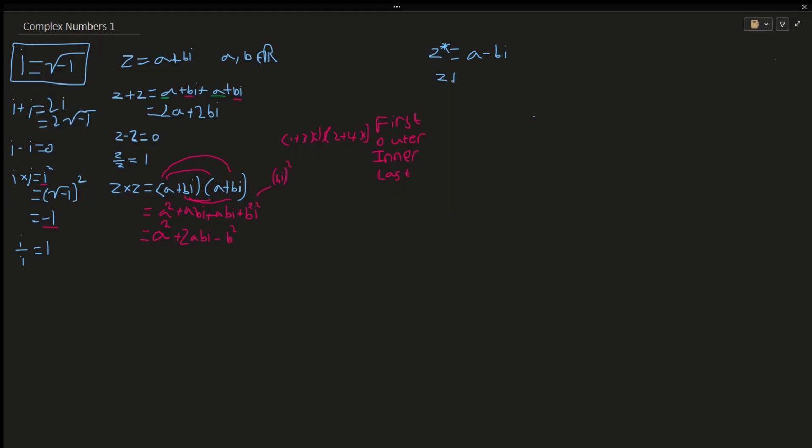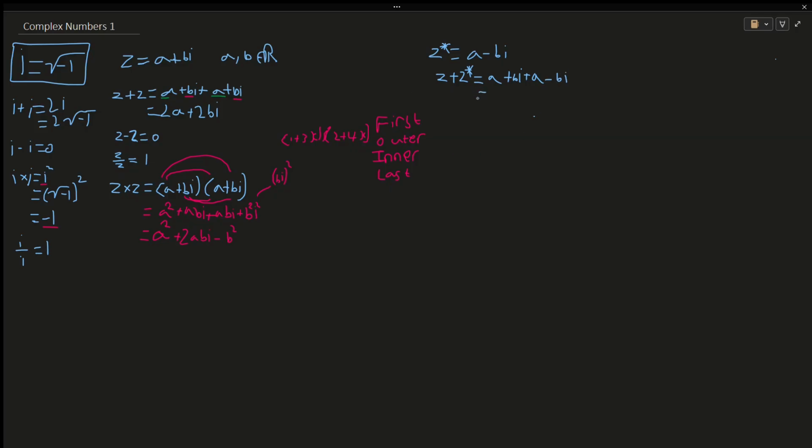So for instance, if we had z plus z star, it would be a plus bi plus a minus bi, right?